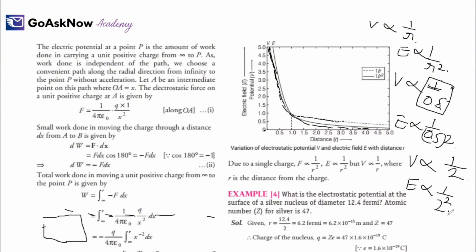So in this region, V is directly proportional to 1 by 2, but E is directly proportional to 1 by 2 square. So this value is greater and this is smaller. Okay. Why? Because for 1 by 2 square the denominator is obviously more.